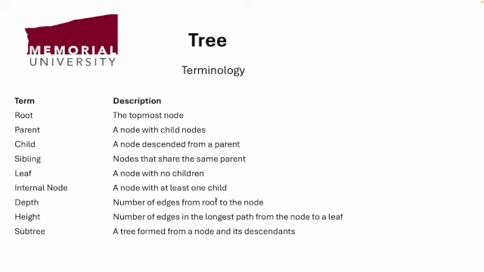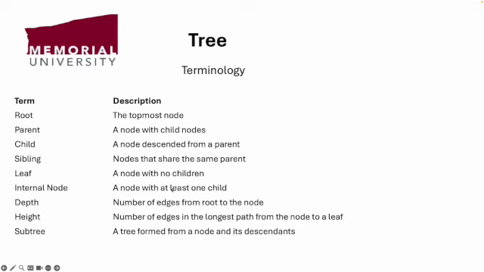Okay, some terminology regarding trees. First, root: the topmost node we call the root. Parent: a node with child nodes. Child: a node descending from a parent. Sibling: nodes that share the same parent. Leaf: a node with no children.